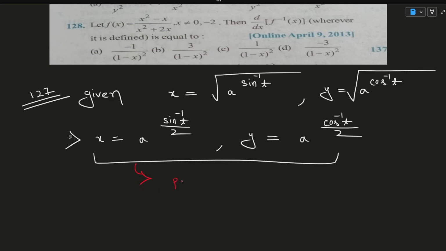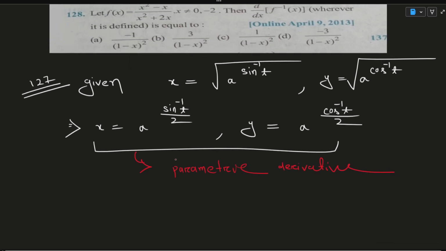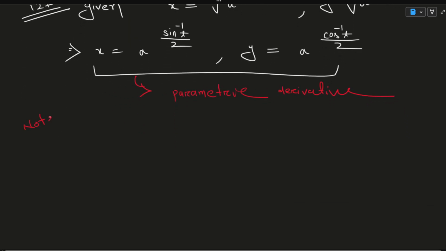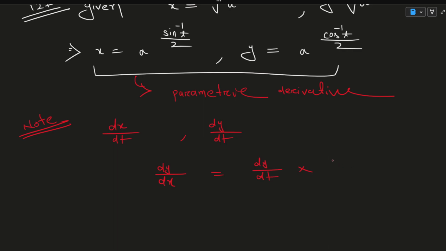So in parametric differentiation, just for note, we will evaluate dx by dt and dy by dt, and dy by dx is nothing but dy by dt into dt by dx.